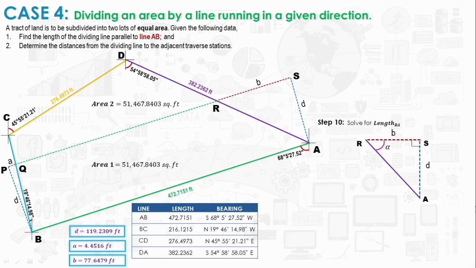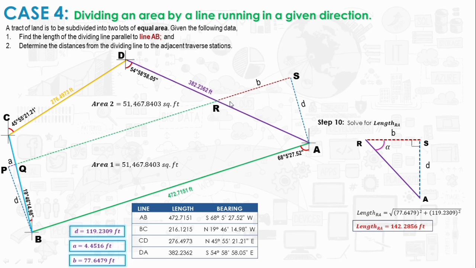At meron na tayong value ni B and value ni D. So, length of RA is the square root of B squared plus D squared, or square root of 77.6479 squared plus 119.2309 squared. So, length of RA is equal to 142.2856 feet.